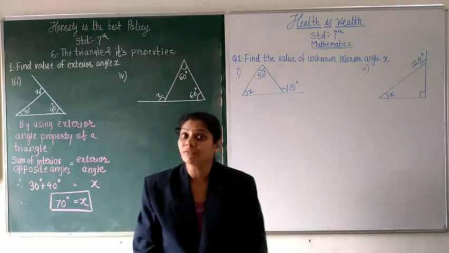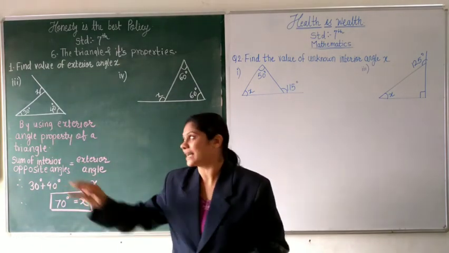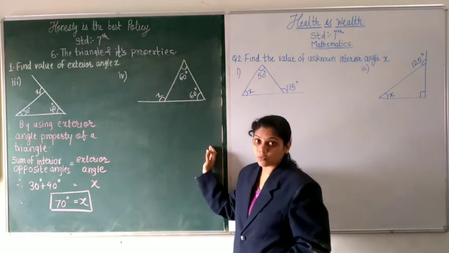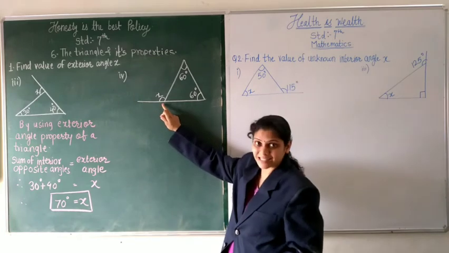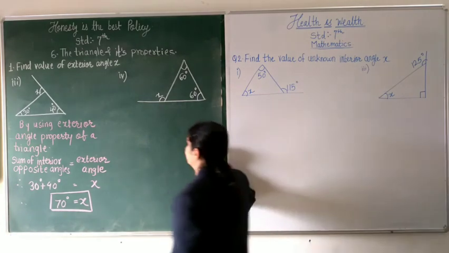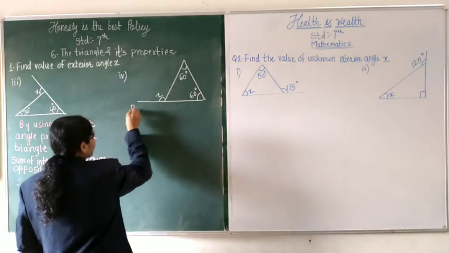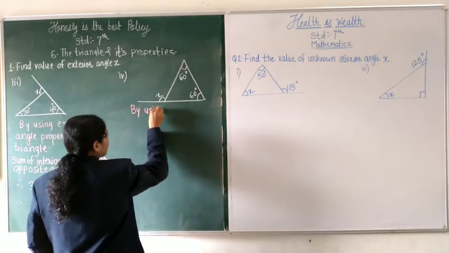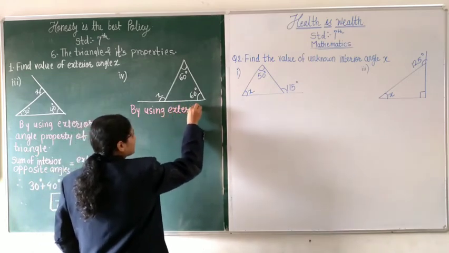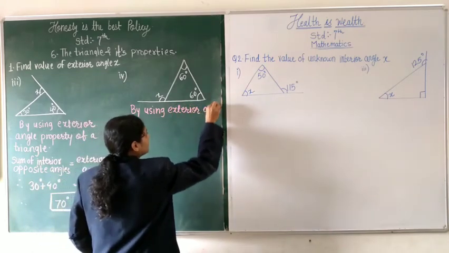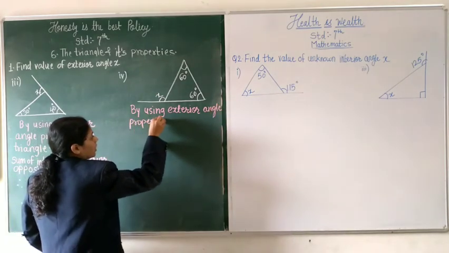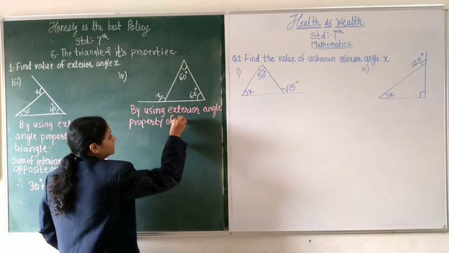As like that, we can find the exterior angle x. Now we will solve another sum like this first one. In this diagram you can see that we have to find the value of x, which is the exterior angle. So here we will use the exterior angle property of a triangle. We will write: by using exterior angle property of triangle.